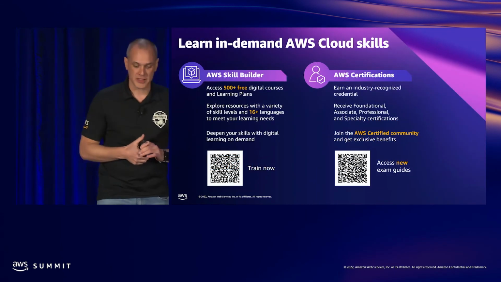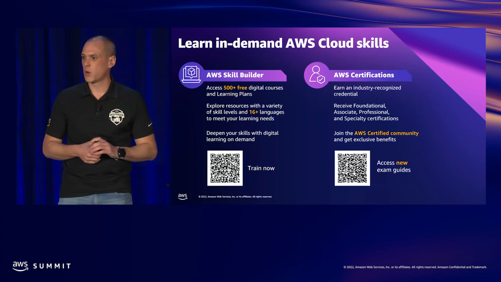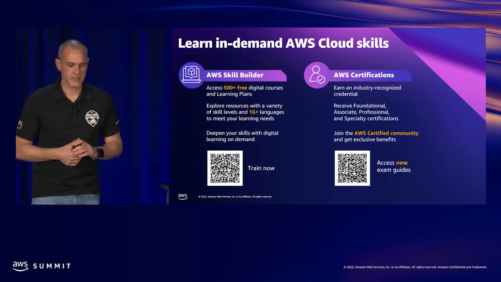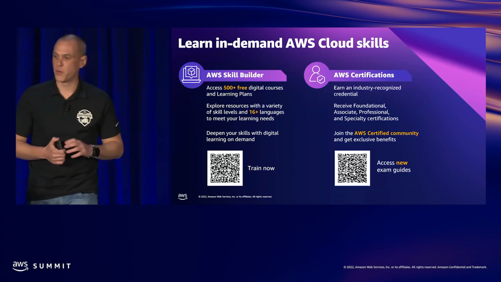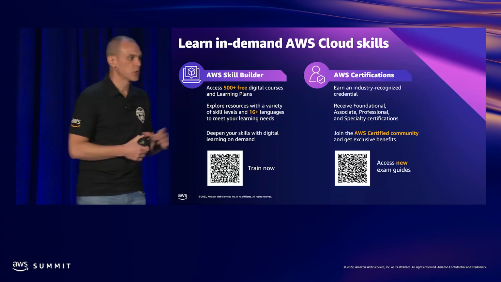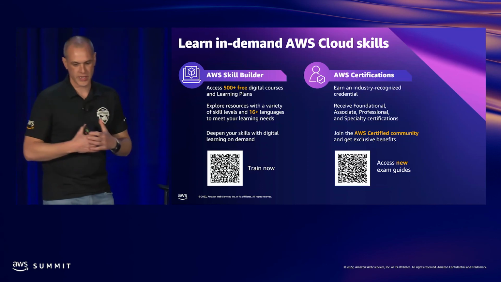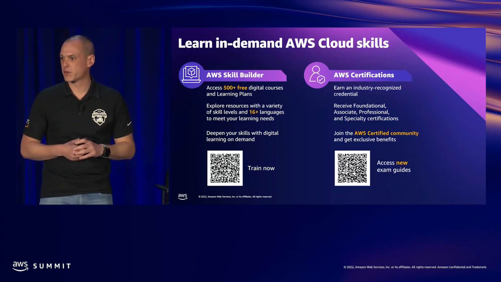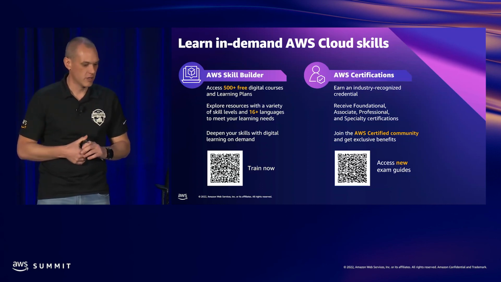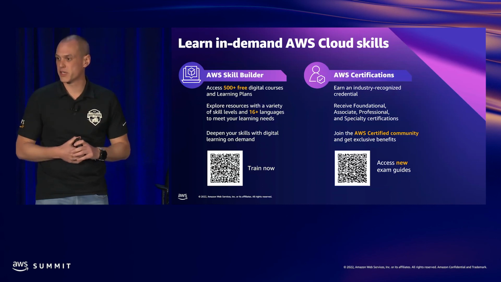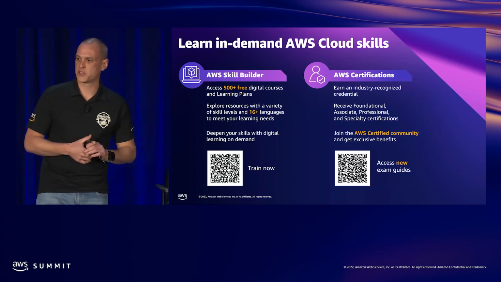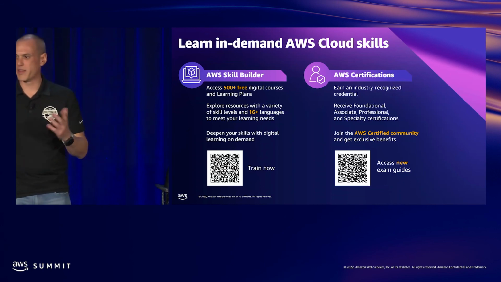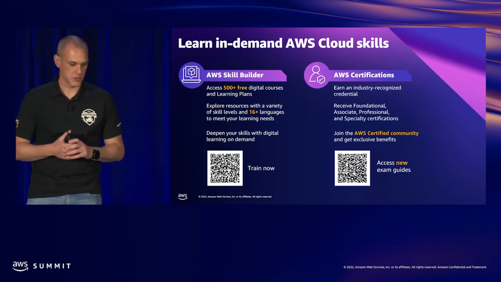And as I mentioned at the start, there's a number of training options as well. So if we look at the AWS.training, once you log in there, there's an option around Skills Builder, which will take you and your resources through a learning path based on their background, speciality, or their interests. There's over 500 free digital courses there today, making it really simple for you to find something that you'll be interested in, and expanding your horizons, not just on AI and ML, but also on other AWS services if they're of interest.